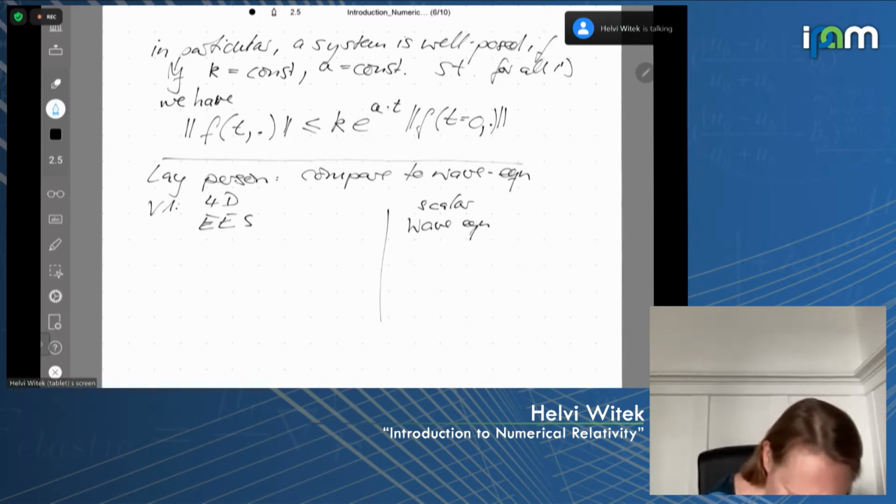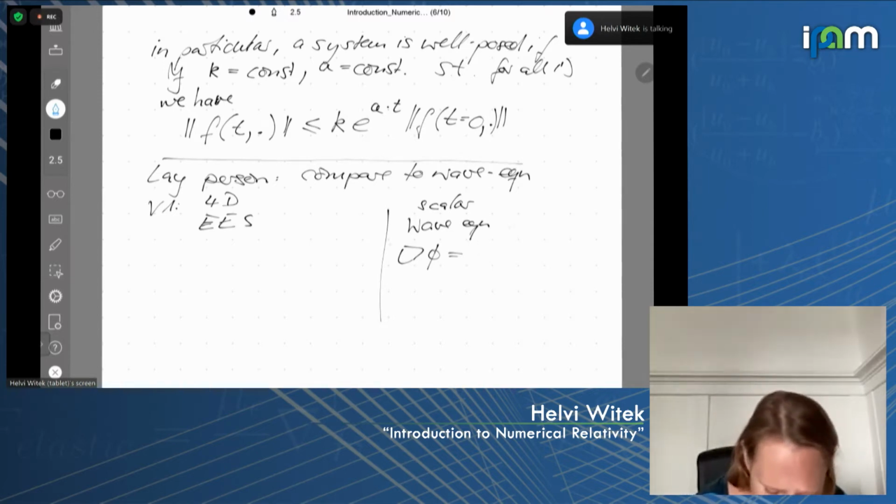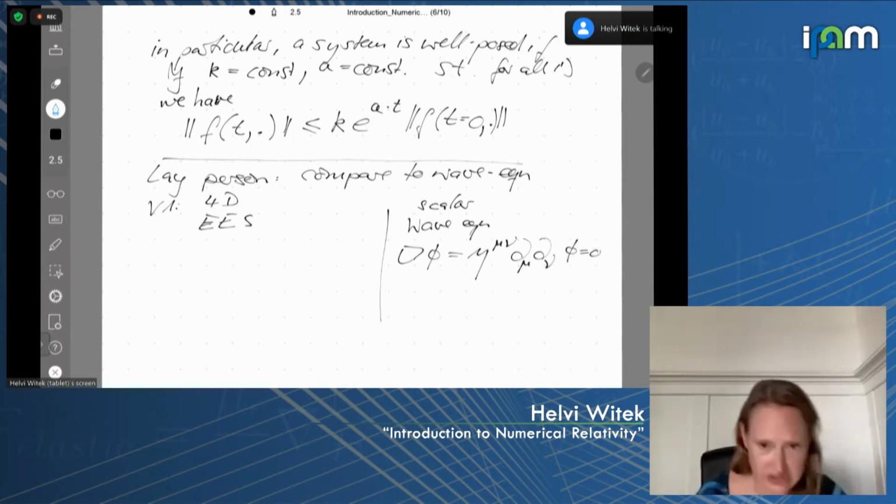And of course, the scalar wave equation we all know and love is just the D'Alembertian acting on a scalar field phi. And if I expand this and take the leading order terms, which means that I can write this operator in flat space, I have my flat spacetime metric eta mu nu, and the second derivative of the scalar field phi, and this equals 0.